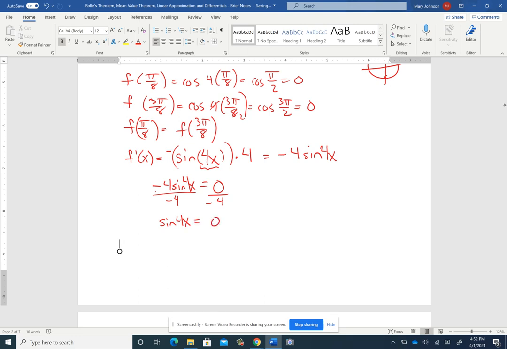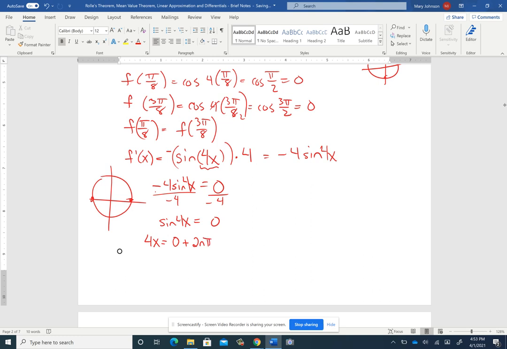And then here is where it's a little trickier than you think. All right, so we know that 4x, since sine is going to equal 0 when you're here or here, 4x could equal 0 or any multiple of 2 pi.